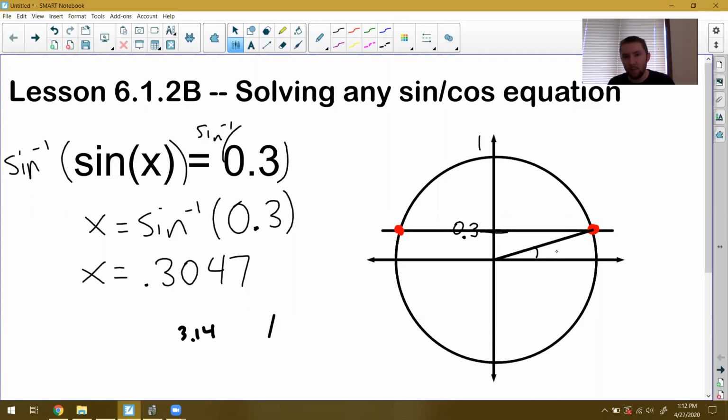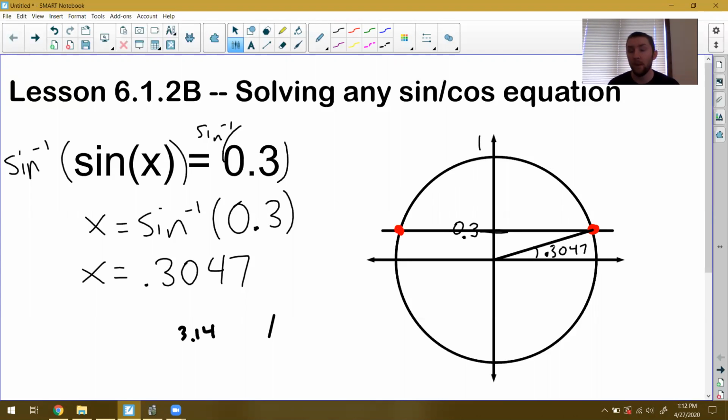Okay, so this angle measure right here is 0.3047 radians, right? So if we think about all the way over here to pi, that would be 3.14159 and so on, right? That would be pi radians. This little angle right here is 0.3047 radians.